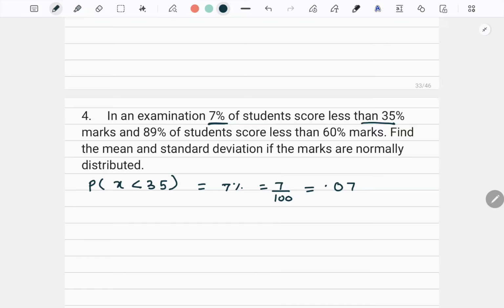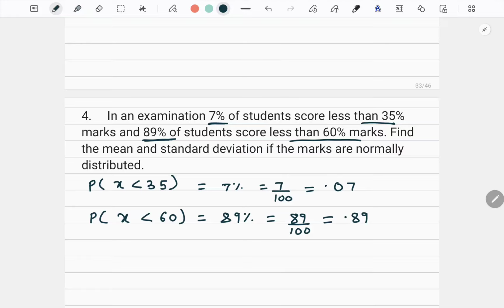Correct? Same way, the second thing they are saying: 89% of the students score less than 60 marks. So the probability of x less than 60 is equal to 89%, which is 89 by 100, which is 0.89.